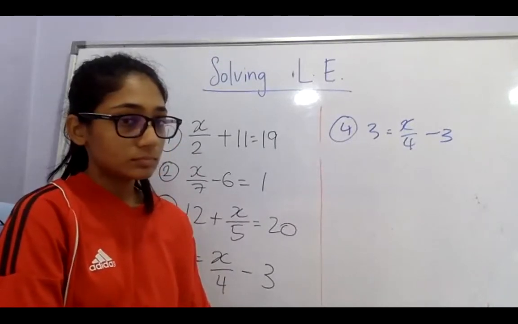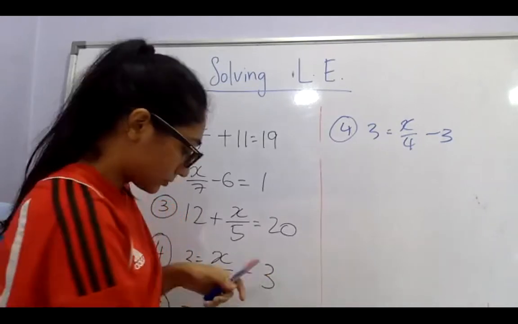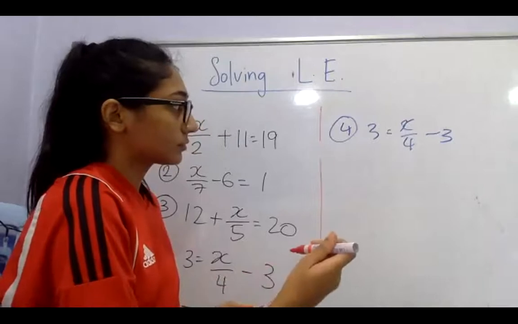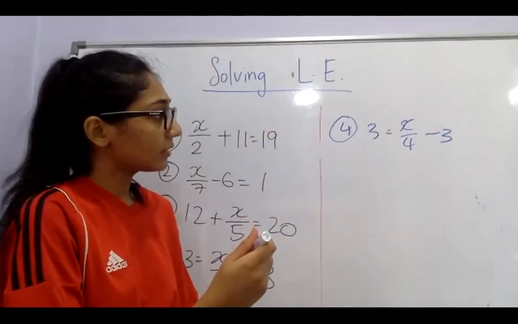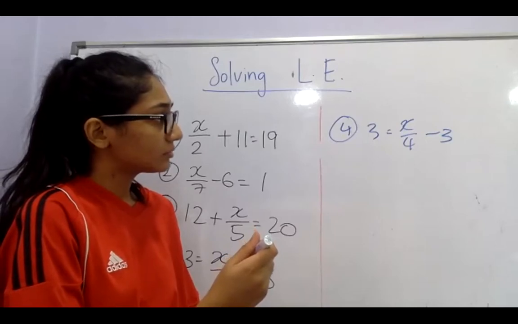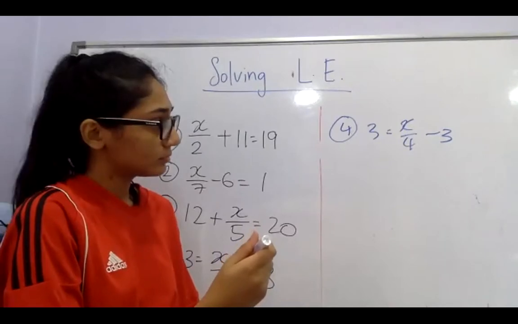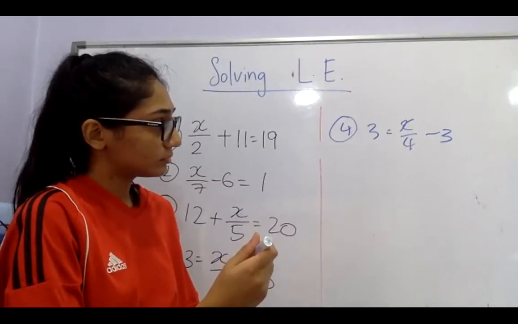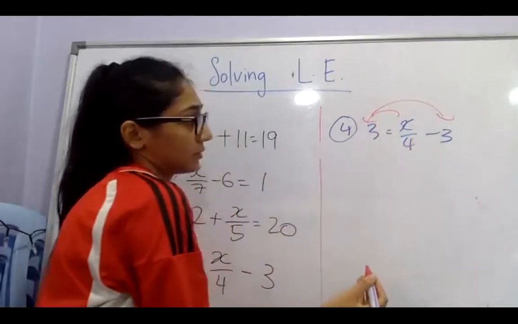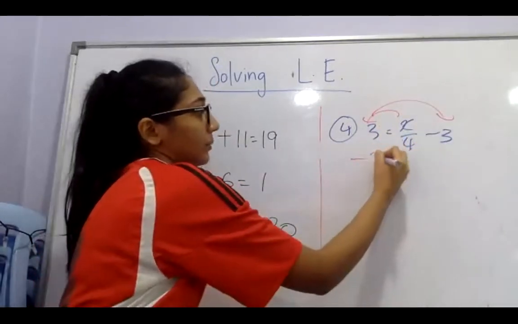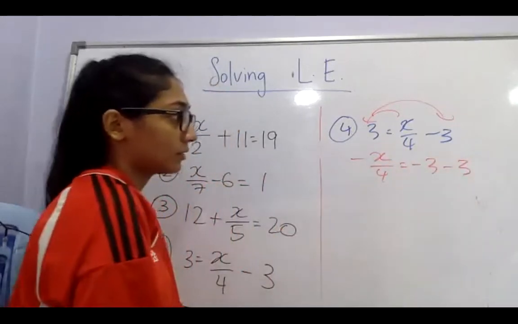You move the 3 to the other side, so it will be x over 4 equals negative 3 minus 3. You bring this one here and then bring this one here. Then you have minus x over 4 equals minus 3 minus 3.